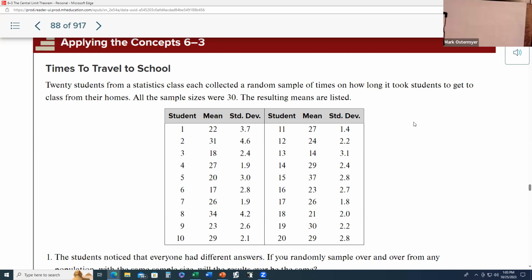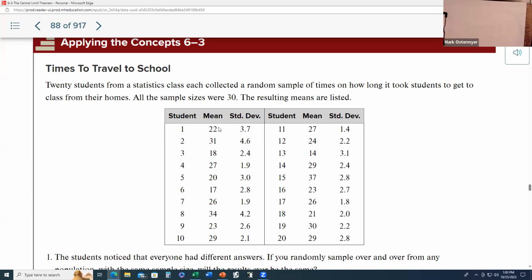And so 20 times 30 is what? 600, right? So let's assume like the population is like 600. Suppose we polled all 600 people for their commute times, and then we found the average of that population. The average commute time of that population of size 600 should be equal to the mean of all these 20 sample means by the central limit theorem.